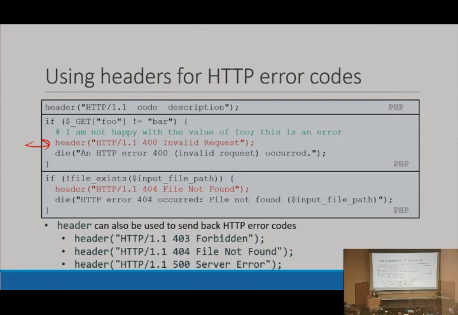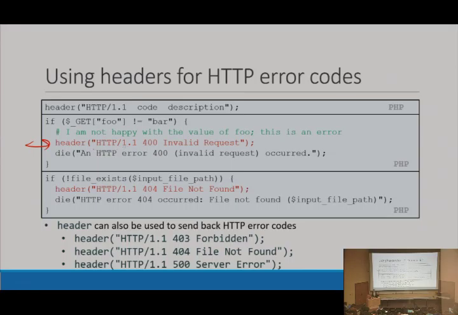Yeah, it was for the content type. So for the content type, we said content type is equal to whatever type we wanted. So we can also use this for causing things to send back an error code.